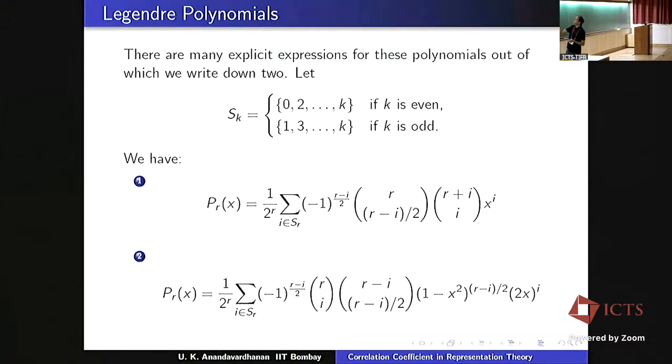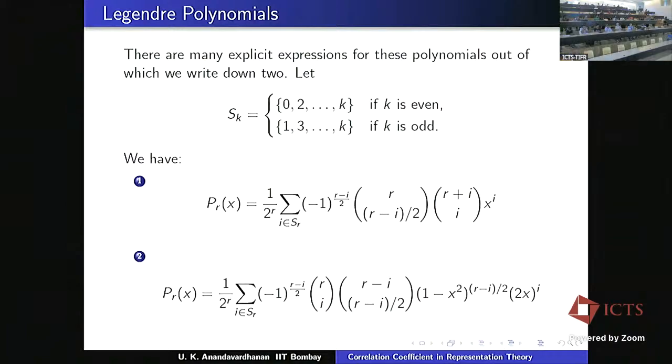For example, from this, it's not at all obvious PR of 1 is 1, right? If you put x equal to 1, it's a certain sum. And this sum being 2 power r is not that obvious. Whereas now that you know these two are equal, PR of 1, if you take in this, x square is 1, so this is 0.